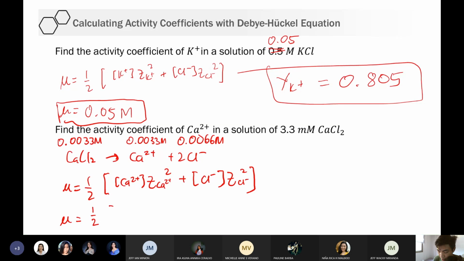So mu is 1/2 times 0.0033, the charge of calcium is 2 squared, plus the concentration of chloride ions times the charge of chloride ion squared, so that will be -1 squared.